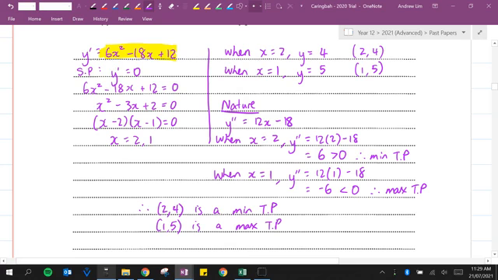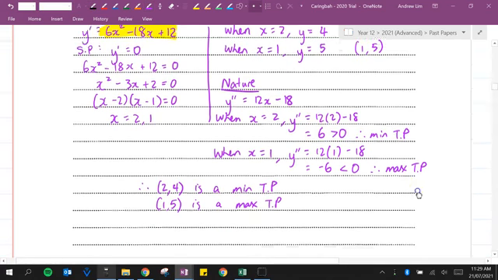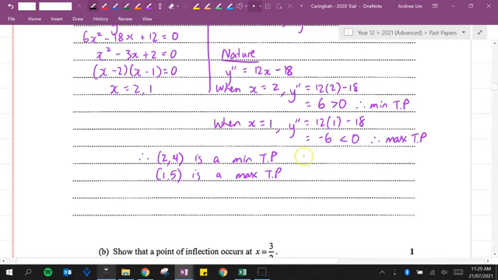Now, you don't need to find the nature in that way. You could have found it using a different method. Let me just show you quickly. So here's an alternate method. What we could do is work out f dash of x for the values surrounding these x values of 1 and 2.